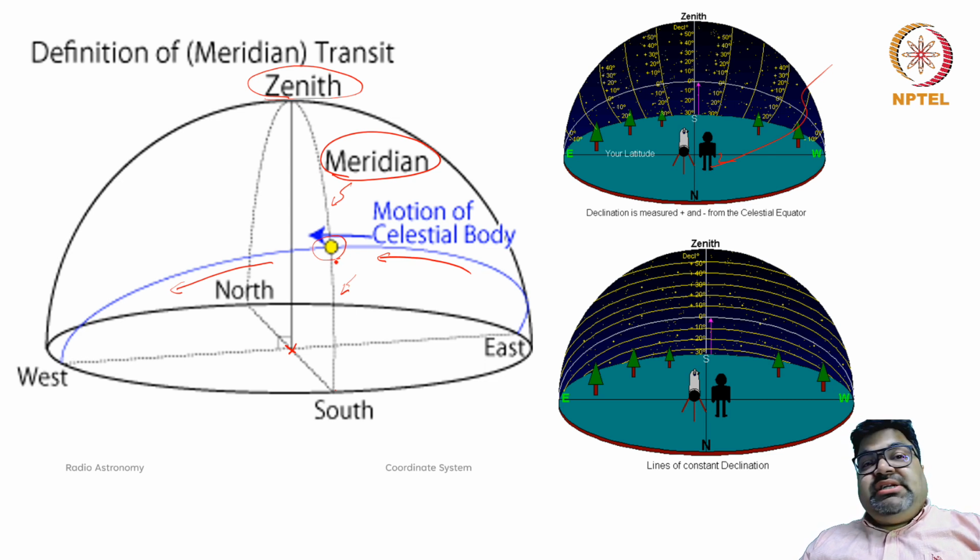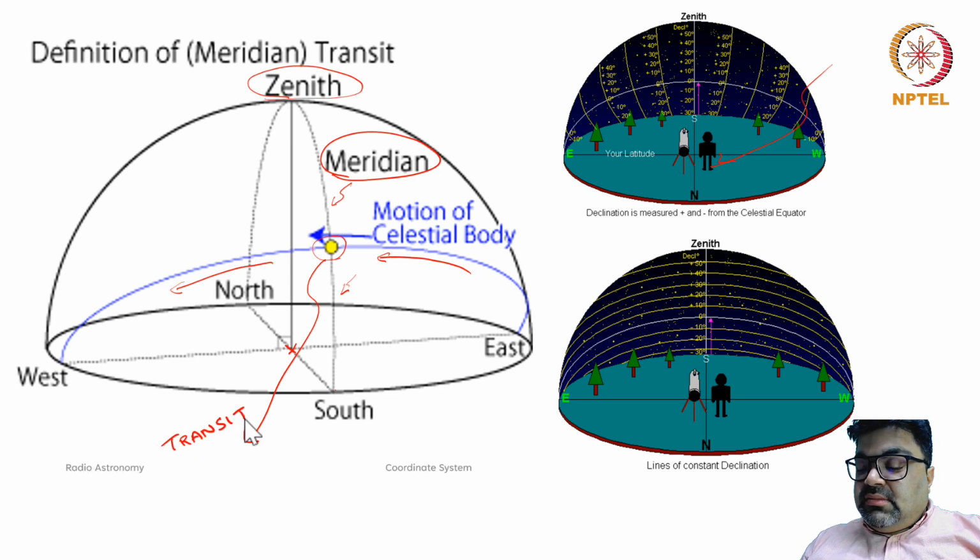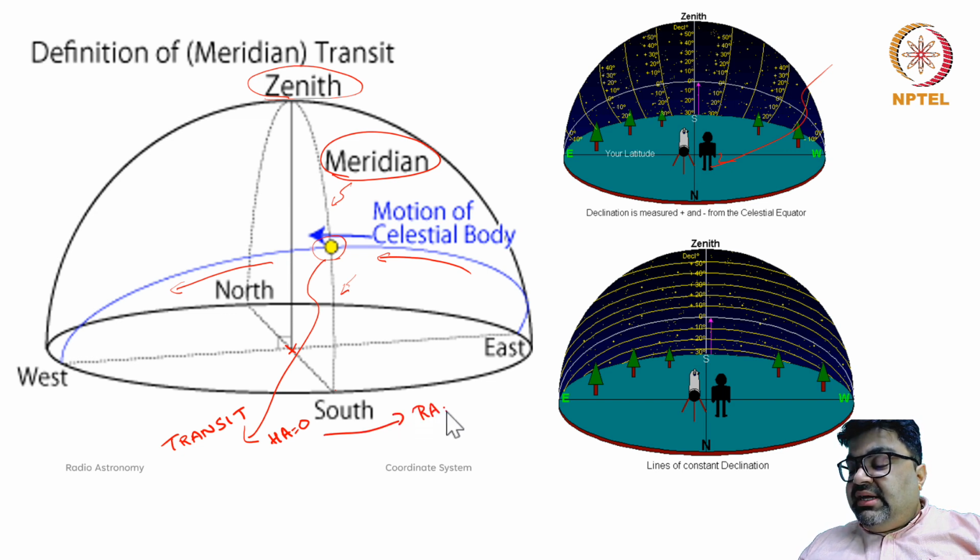The intersection of this motion of the celestial body with the local meridian is called transit. This is the place where hour angle is equal to 0, which implies that at that particular location the RA is given by the local sidereal time, or vice versa. Okay.